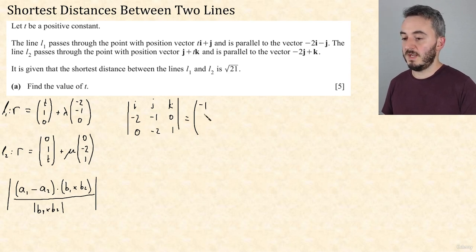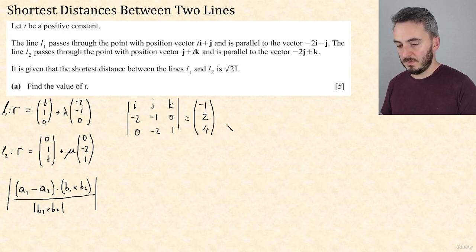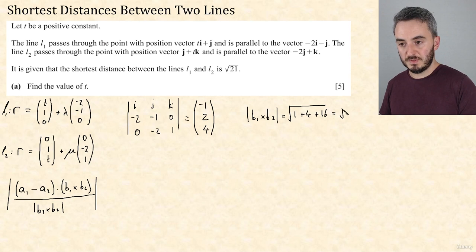It would be minus 2, but you make it negative because it's the J bit. And then K times 4 minus 0. So 4. Okay, and then the modulus of that when we need it, so the modulus of B1 crossed with B2 is the square root of 1 plus 4 plus 16, which is root 21.